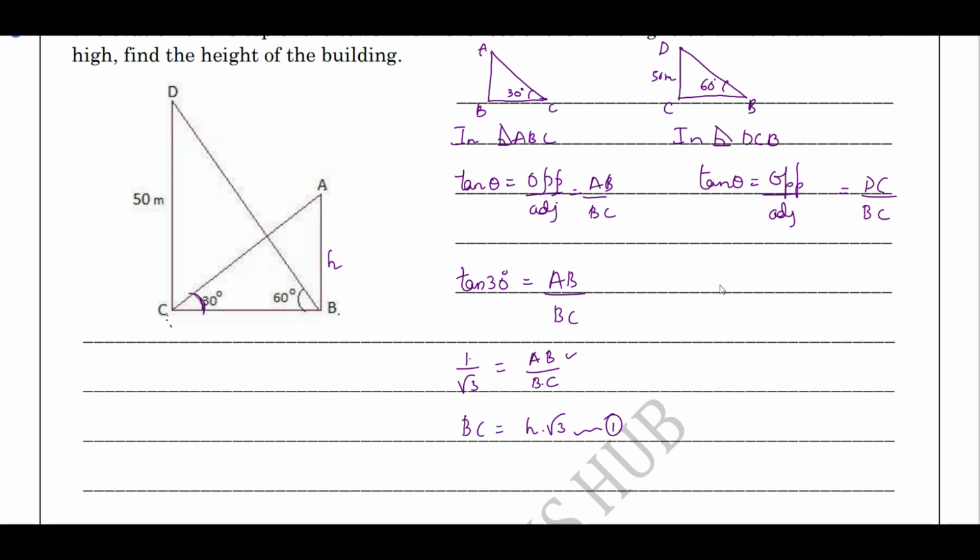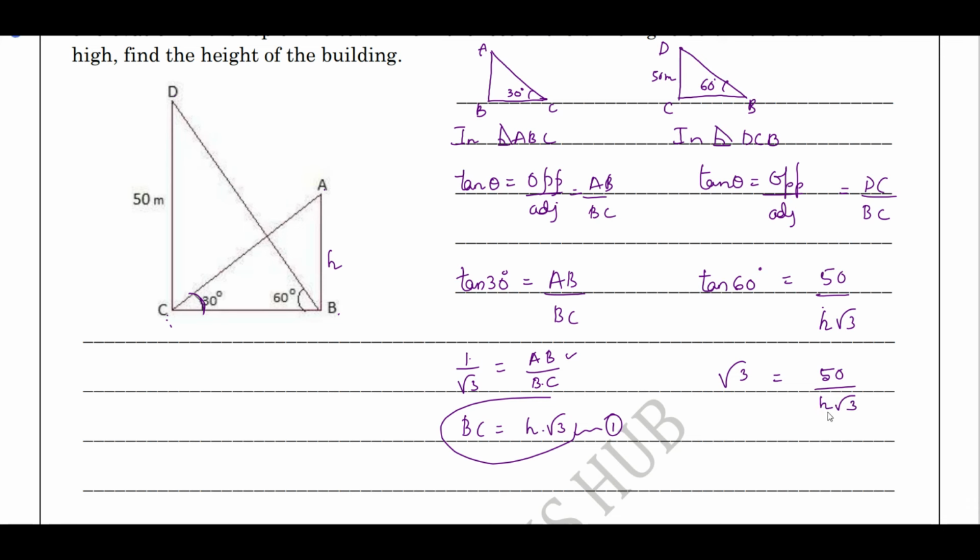Now I'll move to right angle triangle DCB. Already applied the tan ratio. Now angle is 60 degree, tan 60 equals DC, which is 50 meters, already in the figure, over BC, which we have already found, that is h root 3. Now tan 60 is root 3 equals 50 by h root 3.